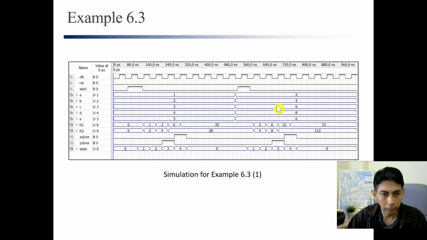So we can see that when we give another input, A is 2, B is 4, C, D, E, and this is the result. We can verify this by putting these numbers in the equation and we get this result, which means that our design is correct.